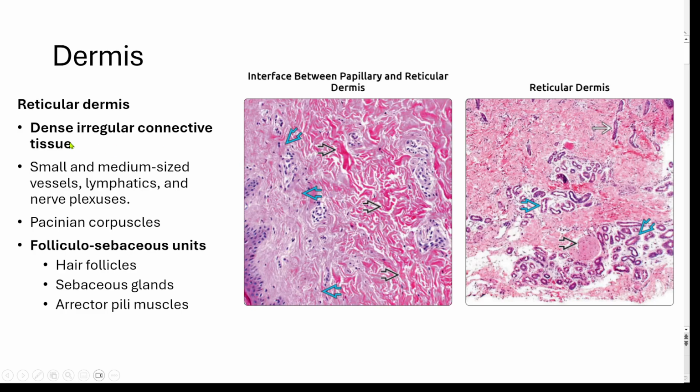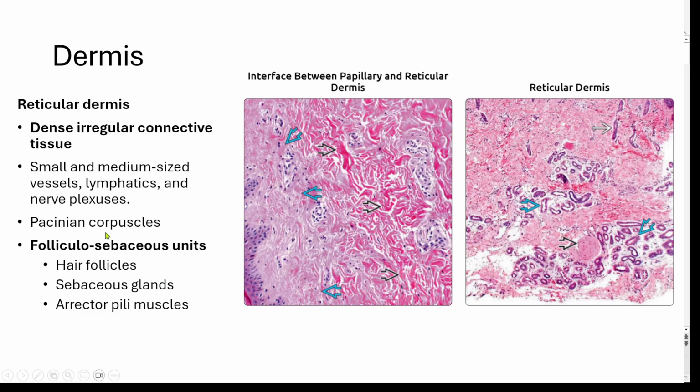It is a dense, irregular connective tissue, and it has larger vessels, small and medium-sized vessels, and lymphatics, as well as nerve plexuses. We can see the nerve plexuses probably in here, and there are larger vessels, lymphatics we'll see later.